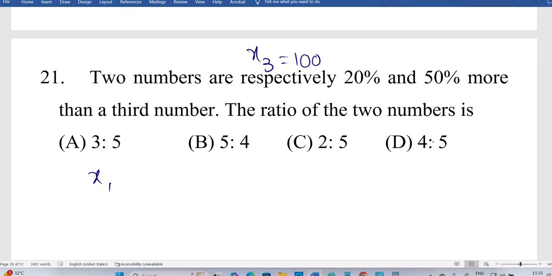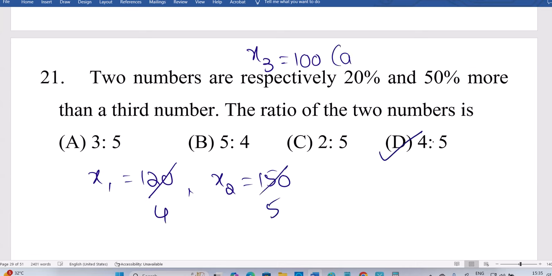First number is 20% more than, that means 120. Second number is 150. Now these two numbers, 4 times, 5 times, 4:5 ratio. The two numbers, what ratio is the question? 4:5.